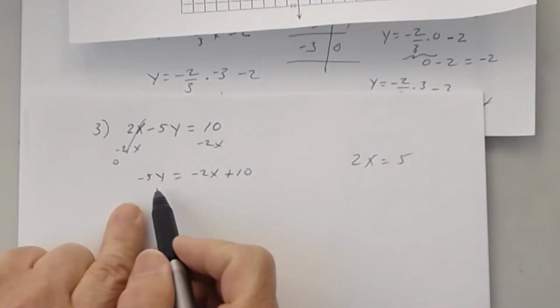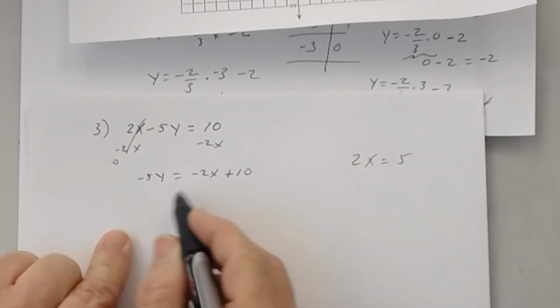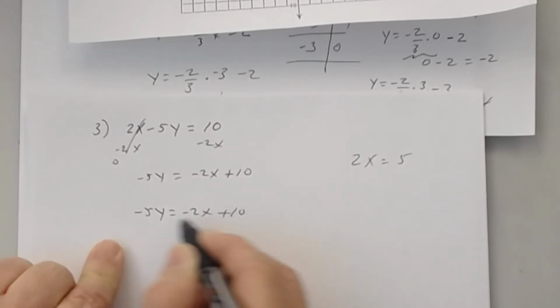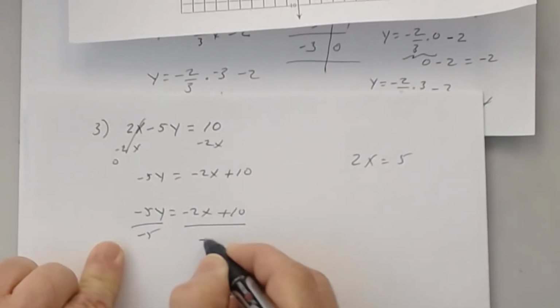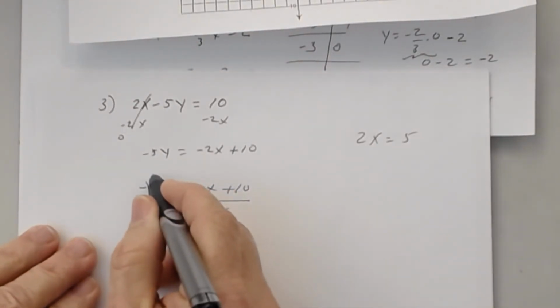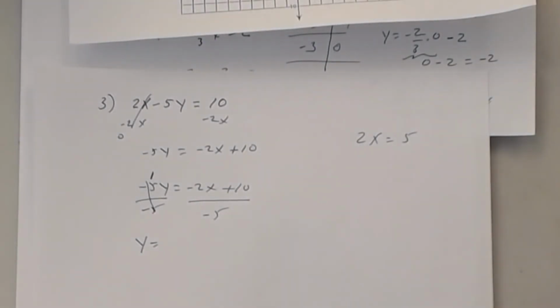So I use the word times, multiplication. So what's the opposite of multiplication? Division. I'm going to go ahead and rewrite this over, though. Divide both sides by negative 5, just like this. And so negative 5 divided by negative 5 is 1. 1 times y is y.